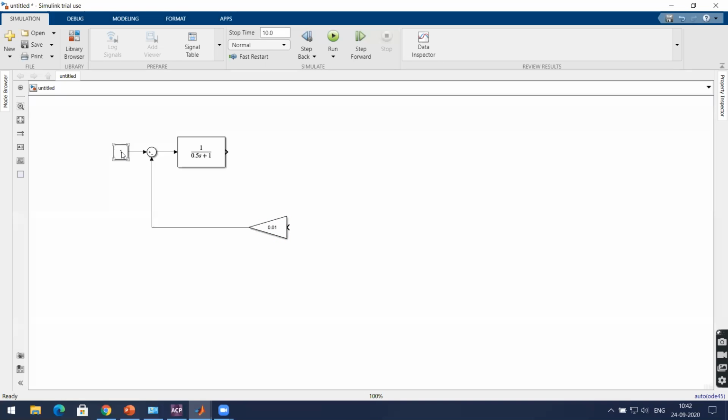So what are you doing? This is, say this is voltage V. Okay. Then this is what? 1 divided by R plus Ls. Okay. And this is K.